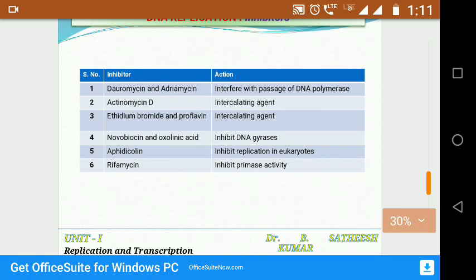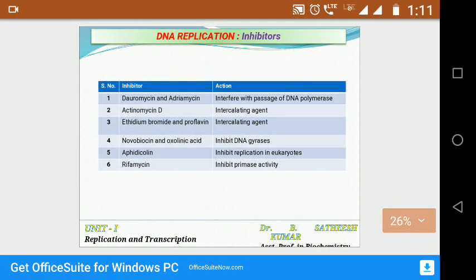The final topic in DNA replication is the inhibitors of DNA replication. This topic is also important to study because the inhibitors act as antibiotics. If we use these DNA replication inhibitors, they will inhibit the replication of bacteria, and that leads to the death of those bacteria.